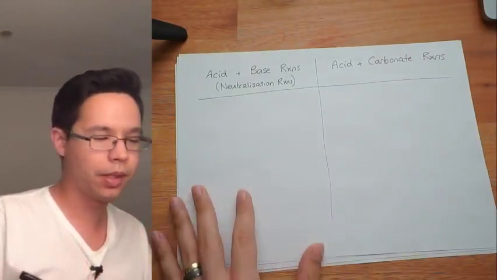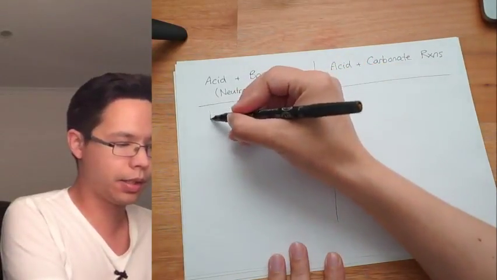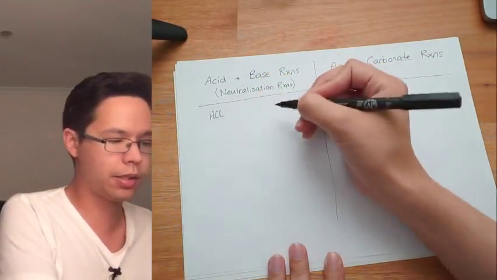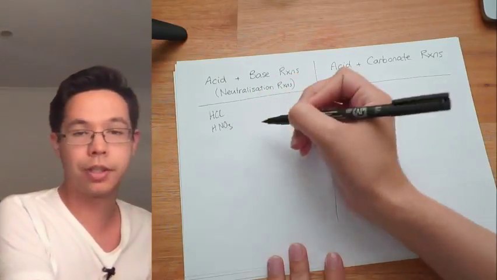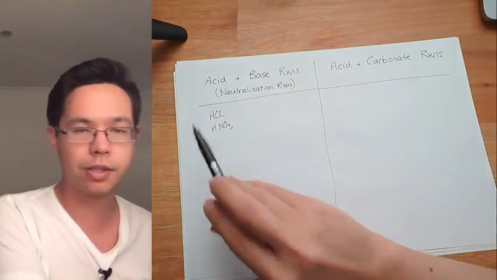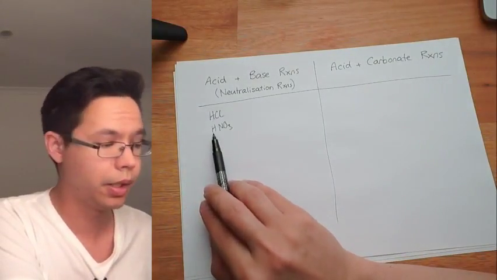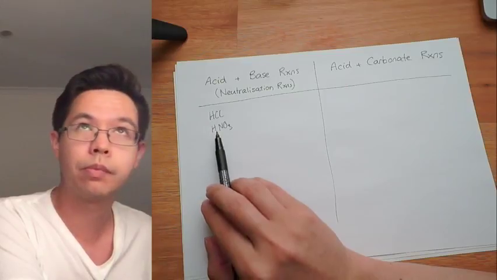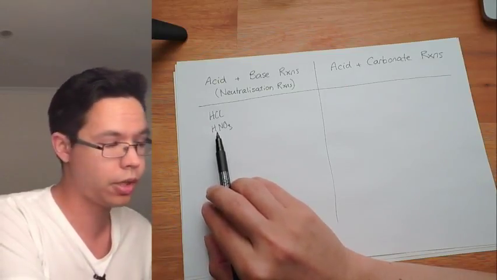There we go. So for acid and base reactions, that's going to be things like hydrochloric acid or nitric acid or vinegar, stuff like that. And they all tend to have this hydrogen part of their molecule, and it's a special hydrogen because it is weakly attached.